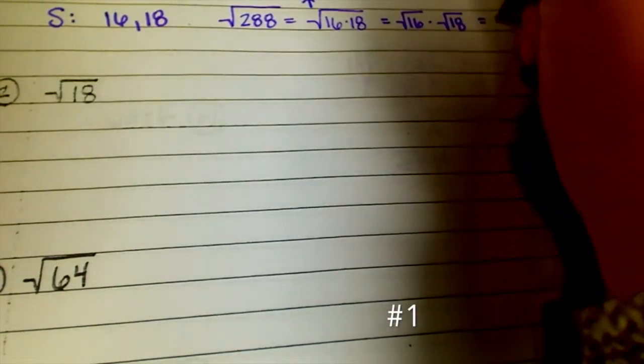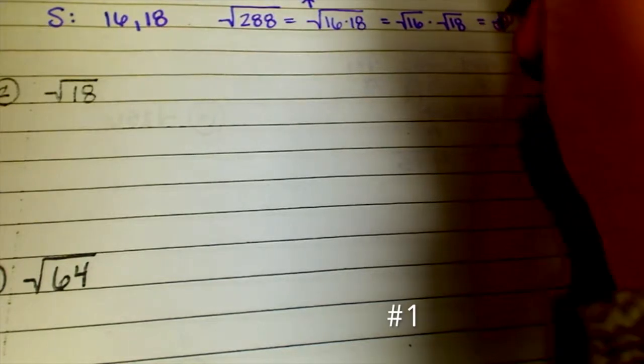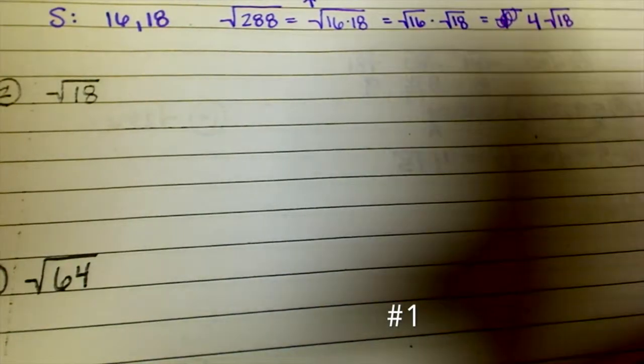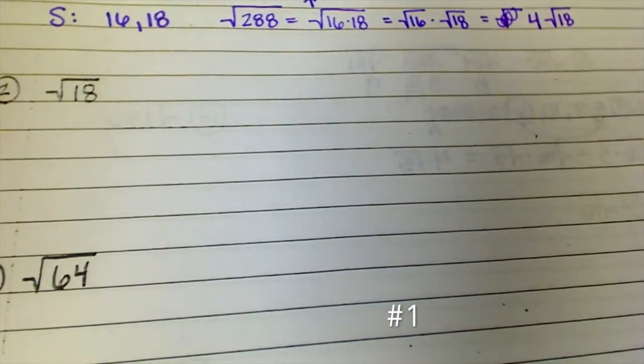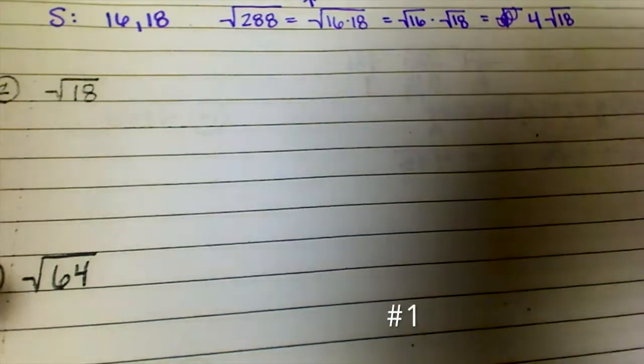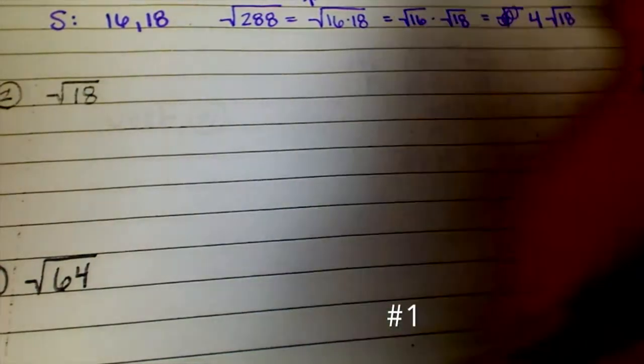So we get 4 times the square root of 18. Now, if you look at 18, can you find a perfect square that is a factor of 18? Our perfect squares are 1, 4, 9. 9 times what? 9 times 2. All right.